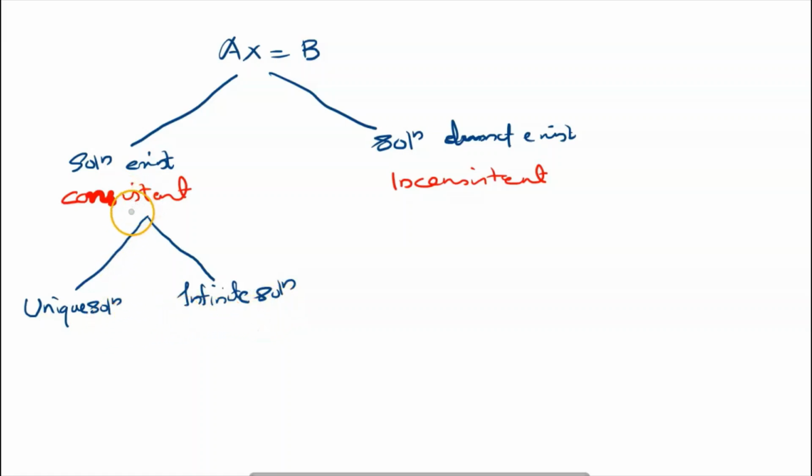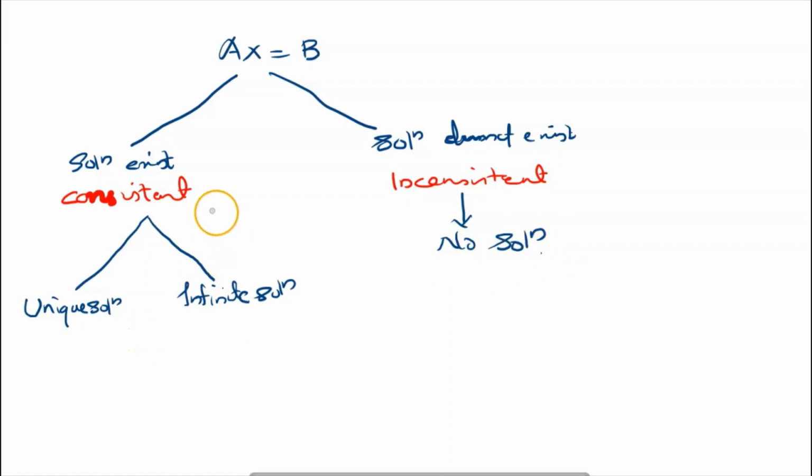That means if the system is consistent, either it has a unique solution or it has infinite solutions. Inconsistent means the system has no solution.